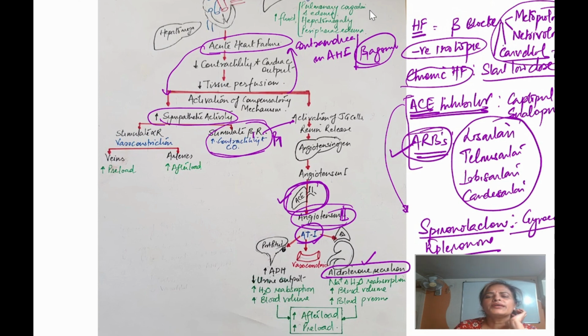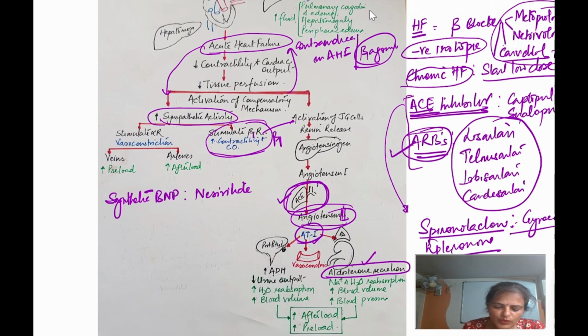Now, a few points about the newer drugs. I told you about one newer drug, synthetic BNP, that is nesiritide. Now what happens in congestive heart failure?